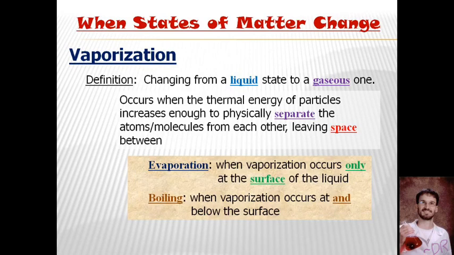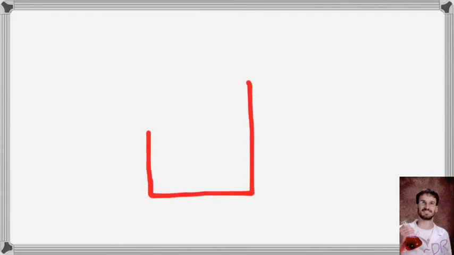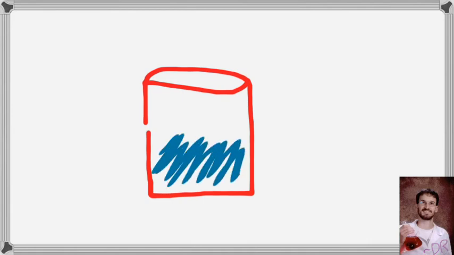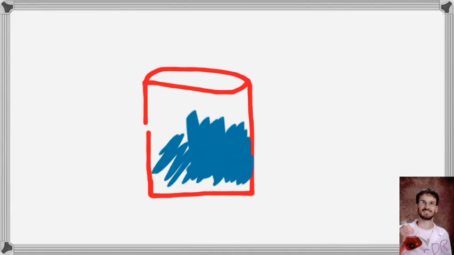And something that students often struggle with a little bit, let me throw a picture up here, because I ask this question sometimes and people don't know how to answer it. So let's say I had a beaker, and I have filled it with water. And I've put it on a hot plate, and it's getting really, really warm.